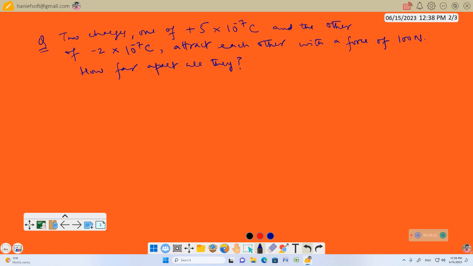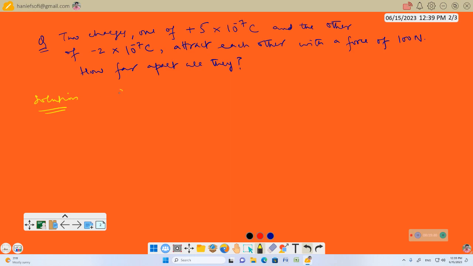It's a simple question. There are two charges. One is plus 5 into 10 raised to the minus 7 coulomb. Other is minus 2 into 10 raised to the minus 7 coulomb. They attract each other obviously because they are unlike charges. Now they attract each other with a force of 100 Newton. We have to find R. There is a simple solution to it.